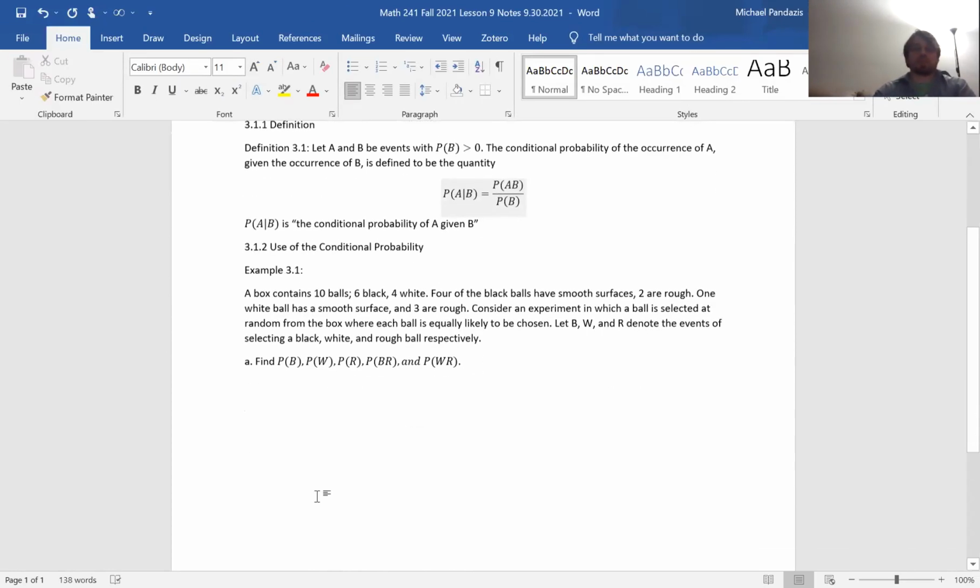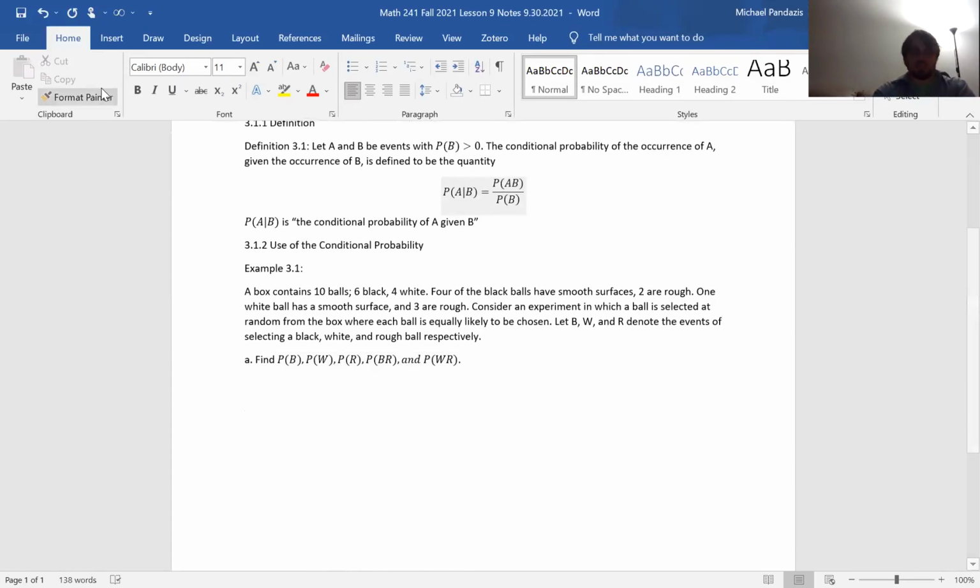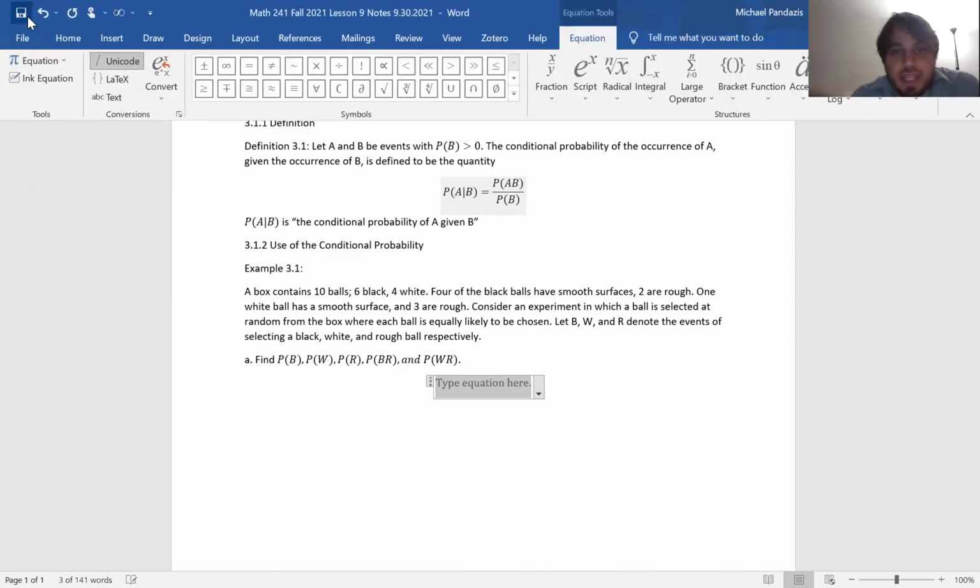Instead of words, I'm using the notation here for these 5 probabilities. So let's find each probability. The probability of a black ball is the number of black balls divided by the total number of balls, 6 divided by 10, which as a decimal is 0.6.